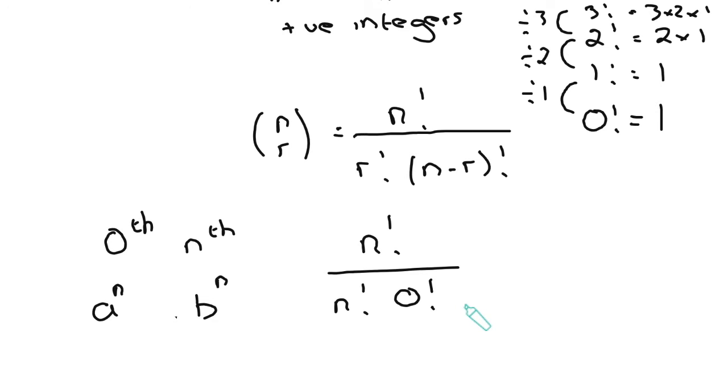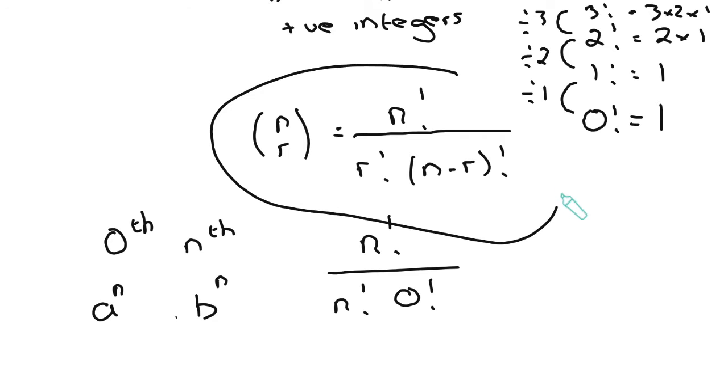I did just think of something else to tell you, but I've forgotten what it was. Oh yes, so if we look at this definition here, I hope you can see that it's symmetrical in r, if you like. So we can switch those round. So nCr is n factorial over r factorial times n minus r factorial. Well, you should be able to see that this is the same as nC(n minus r).